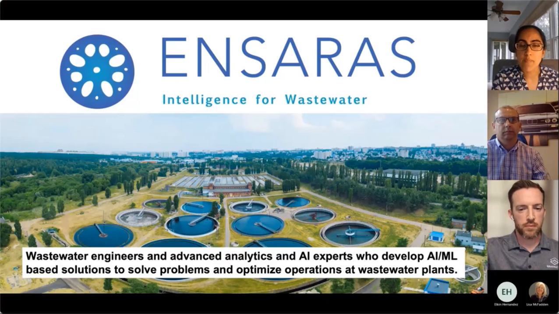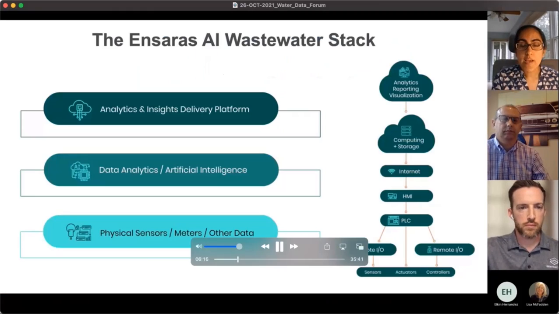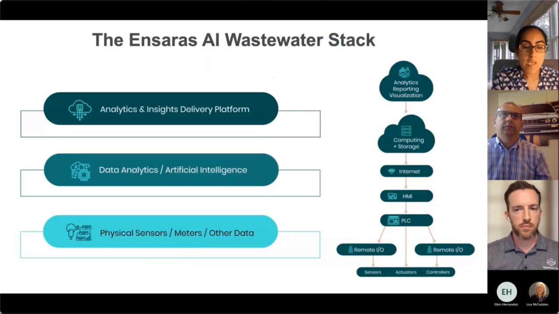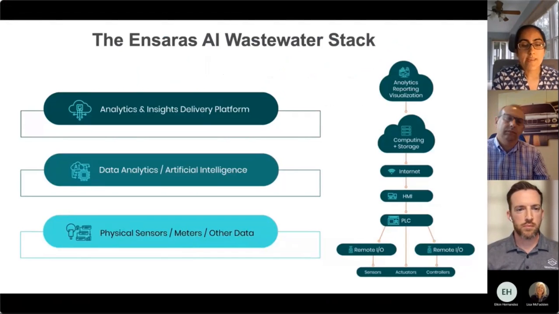We have data gathered from automation systems, data gathered for regulatory compliance purposes, and data gathered for keeping a pulse on the process treatment scheme. And this data is valuable data, but we're not really doing much advanced analytics with it. And so that's kind of where the idea for Ensuras was born.